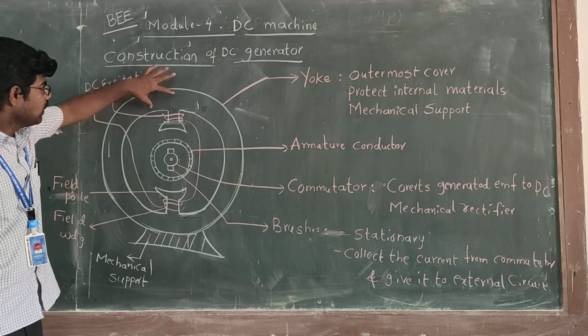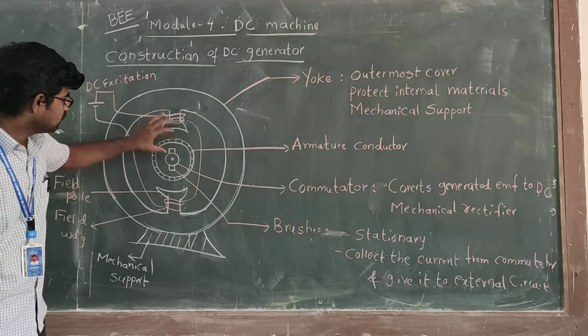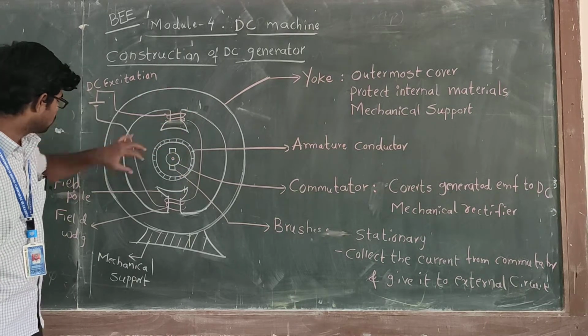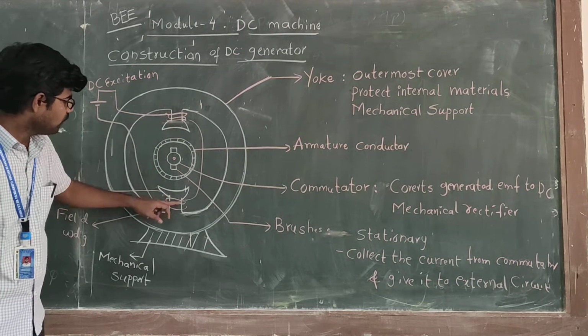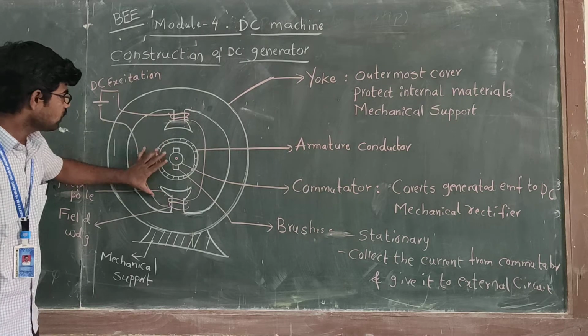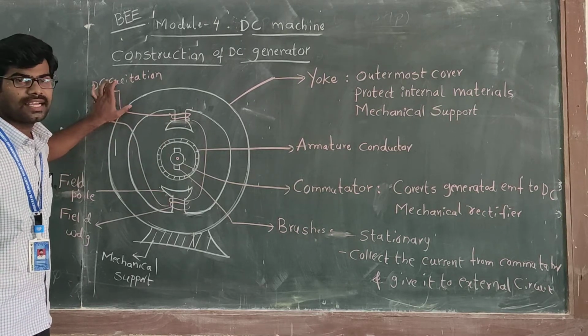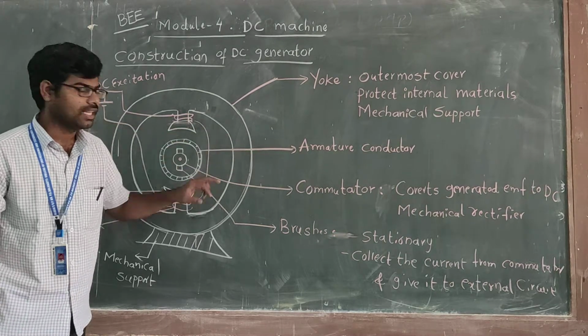Here we have the outer frame, which is called the yoke, and these two are field poles. On that we have the field winding. Both are connected to the DC excitation, and inside we have the armature conductors.